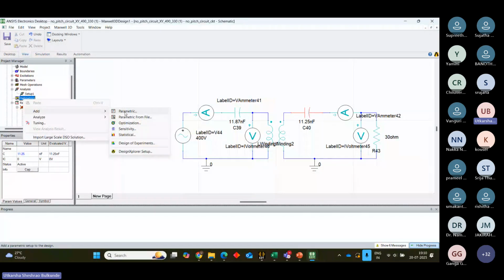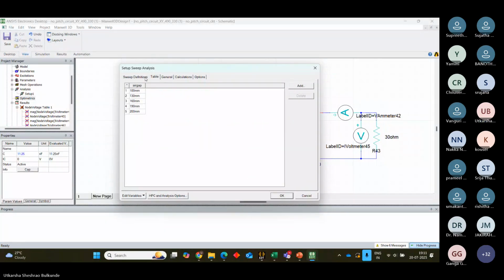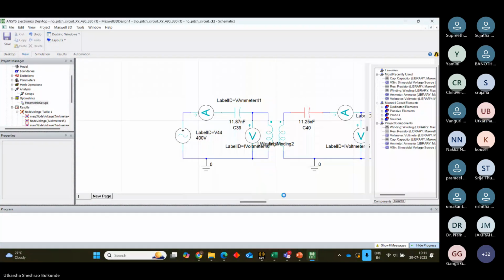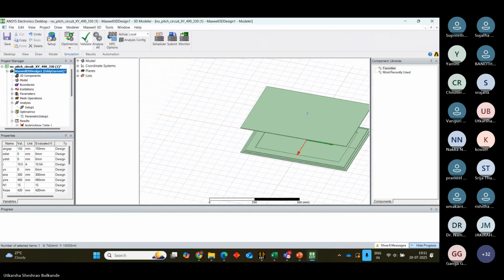So we will add the parametric study, 100 to 250, no, 40 steps is fine, so that we will get some values. Yes. Okay. The same thing that we did in the circuit, that is only what we are doing here. The simulation is running.